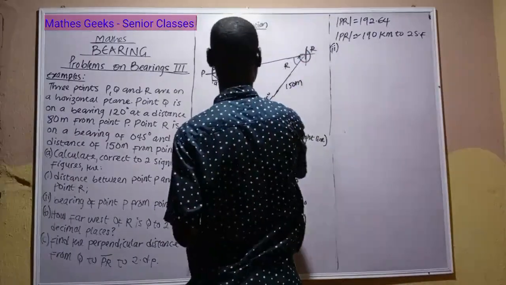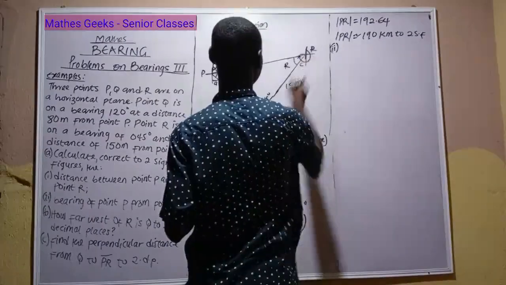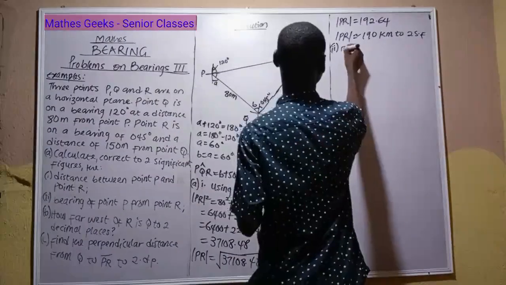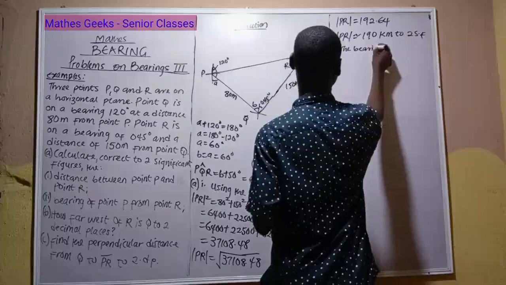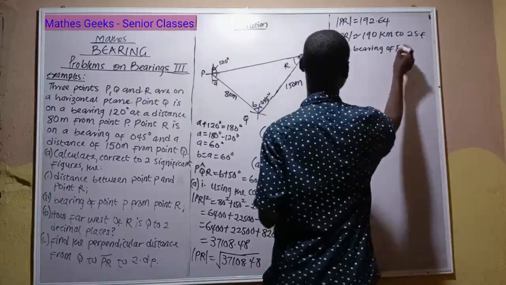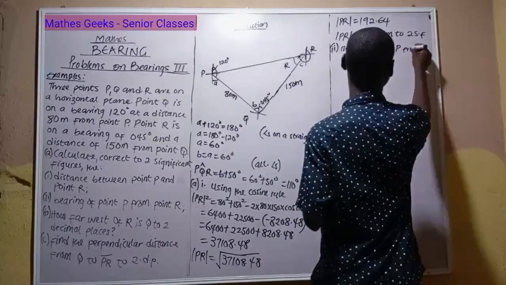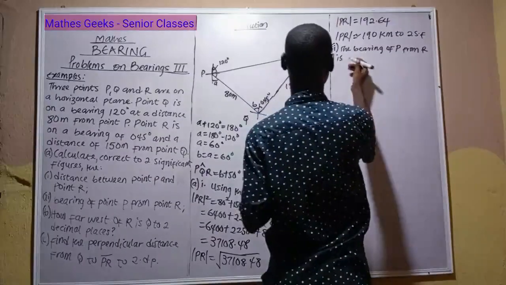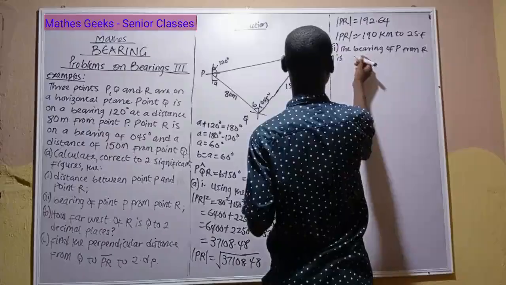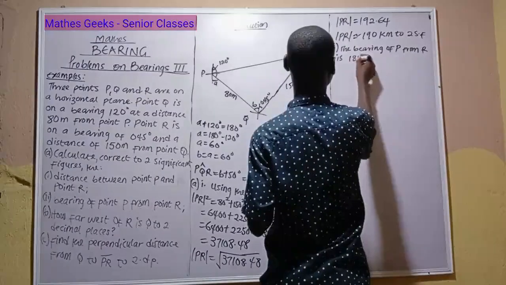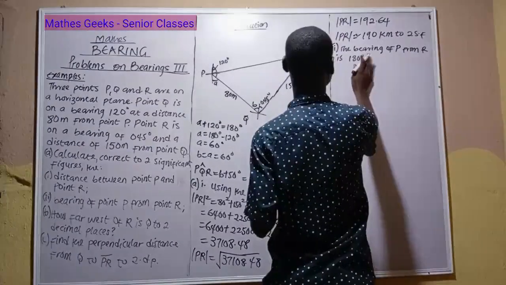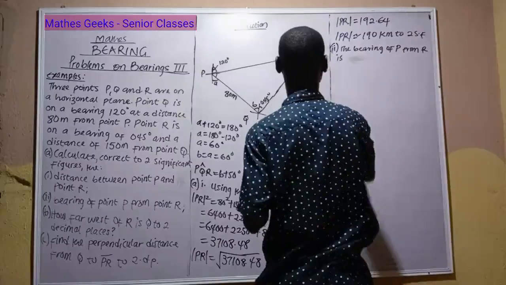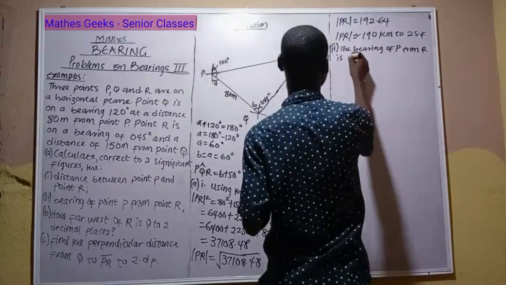Let's say the bearing of P from R is beta.